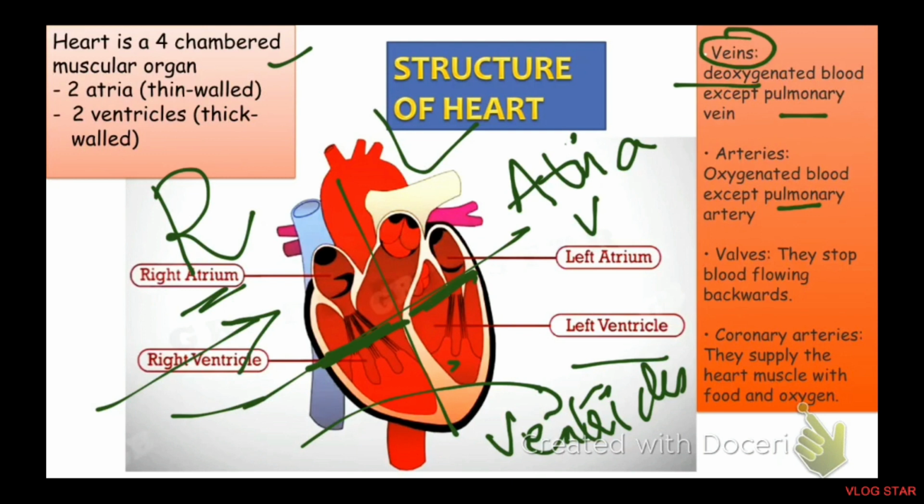That is totally a different topic to discuss. But just make a note that there is a special artery connected to the heart to supply it with food and oxygen.